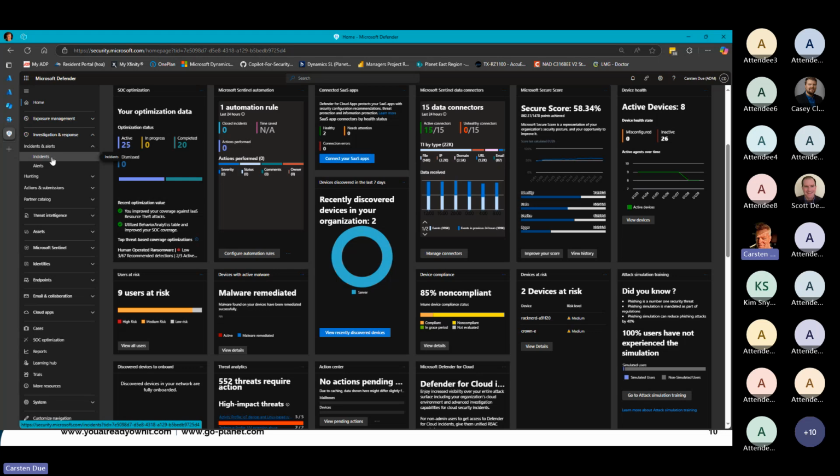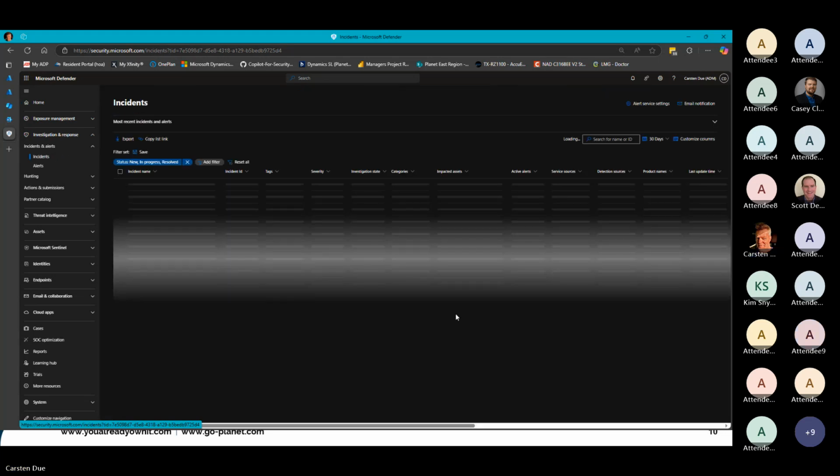Incidents is a word that is very important in this unified security stack because there are capabilities under the hood, machine learning and AI, and constant learning that is happening to take your alerts and make incidents. And I'll show you what that means real quick here.